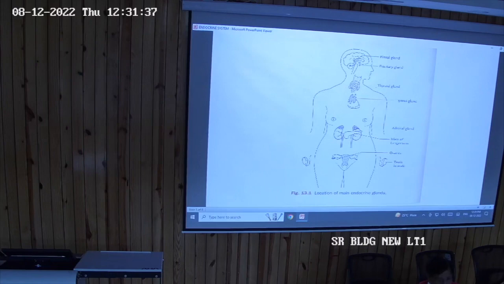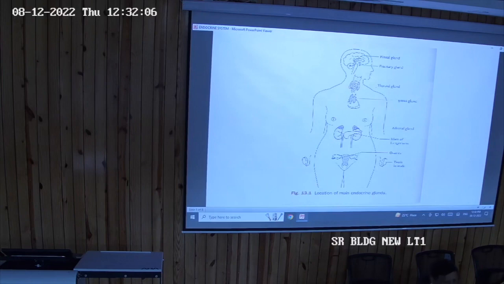There is abnormal growth in long bones before the fusion of the epiphysis. That means the epiphysis is not fused, and before that fusion of the epiphysis, there is abnormal growth of the long bones. So the person will develop a very great height, and this is called gigantism.